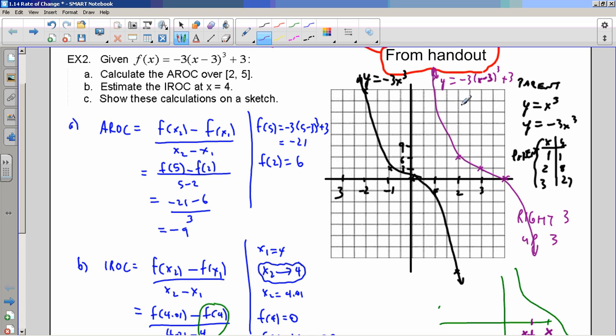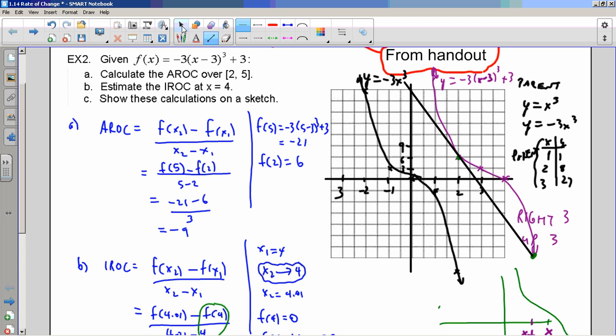Okay, now we're asked to draw or put these calculations on this sketch. All right, dandy, I can do that. First of all, the AROC between 2 and 5. 2 is there. 5, uh-oh, 5's going to be down here, right? And so that's a secant between 2 and 5.